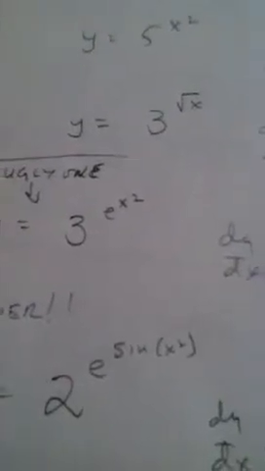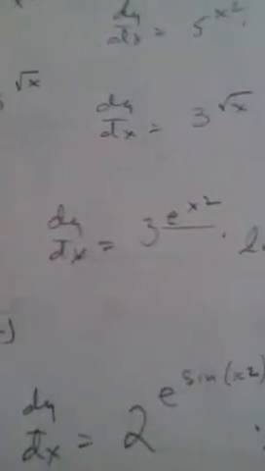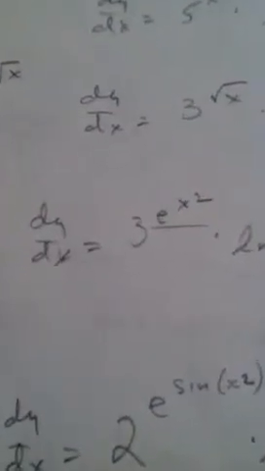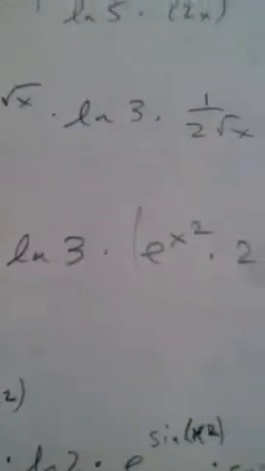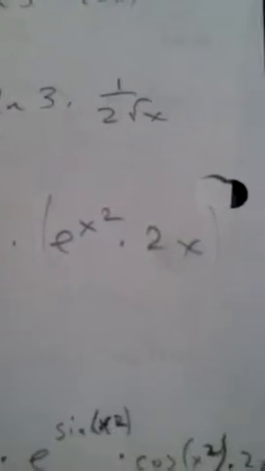An ugly one. y equals 3 to the e to the x squared. You got that? dy dx equals 3 to the e to the x squared times ln of 3 times e to the x squared times 2x.